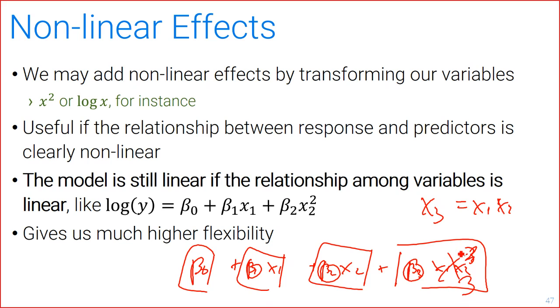It's linear because the relationship between the 4 terms in the model, or actually I should say 5 terms because this is another one, is linear. It's a linear combination. Each term with its own coefficient, and that's it. So you can start transforming your variables, no problem. So we consider x1 times x2 another variable. Yes, exactly.